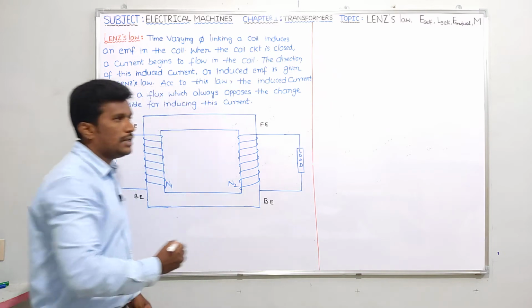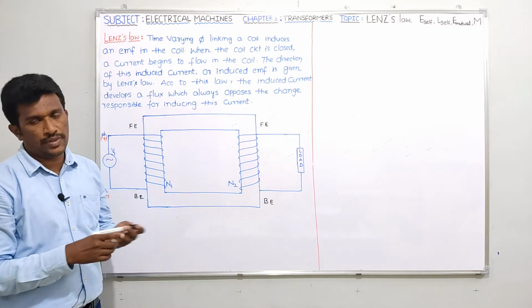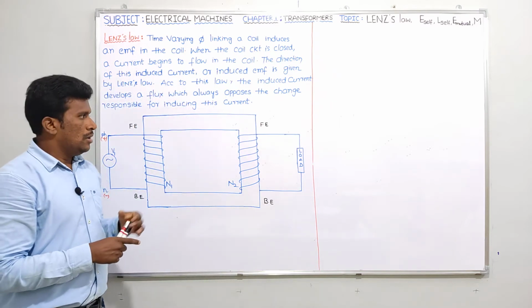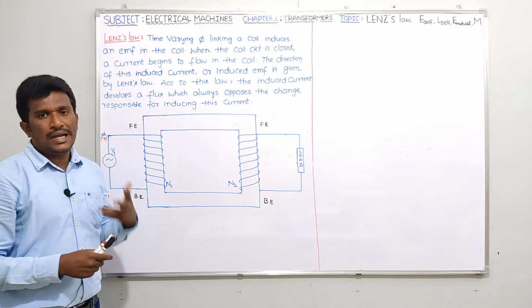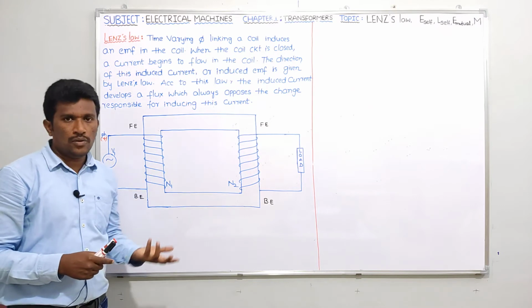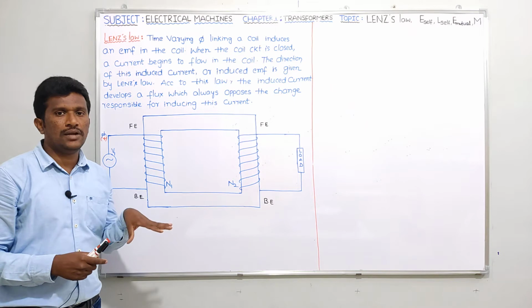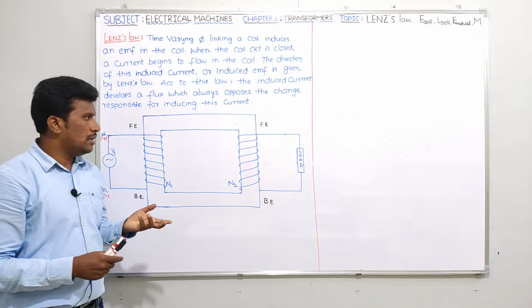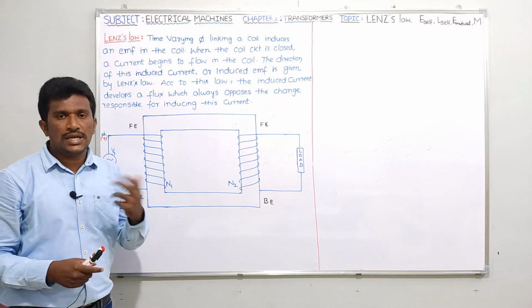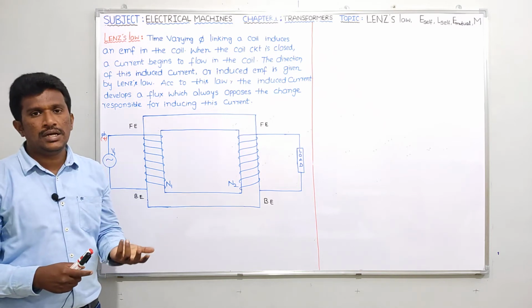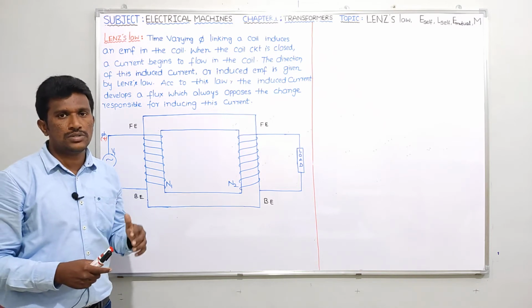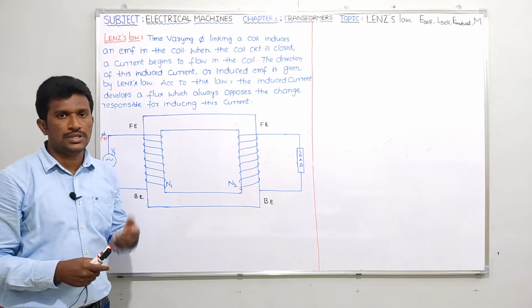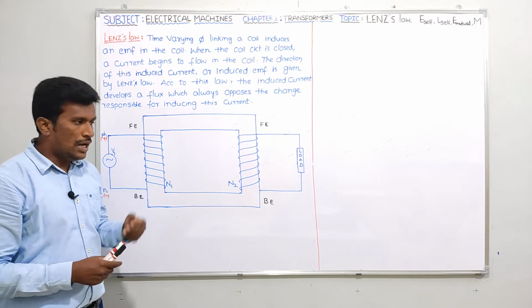And I think I told one more thing in the previous video. Beginning end, ending end: before that, we can assume dots at the beginning end of a coil or the ending end of a coil, as is our wish. But which one is the beginning end and which one is the ending end is decided by the sense of winding, not by the direction of current. That is a conclusion I had given in the previous video. Please try to go through that video.